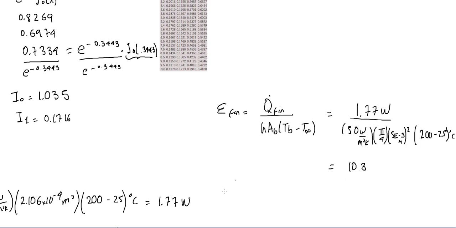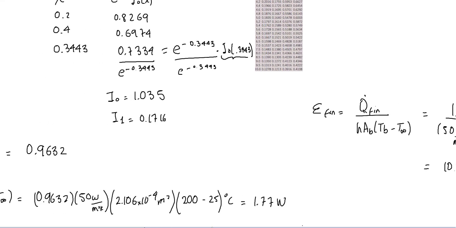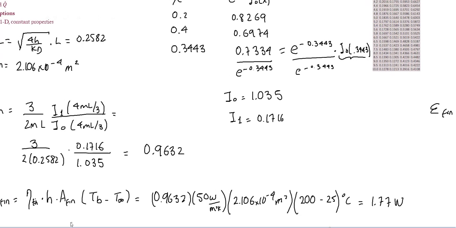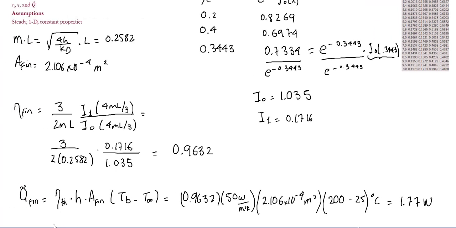Also notice that the efficiency, once we install the fin, tells us how well that fin is working, and it goes from 0 to 1, and in this case we got an efficiency of 96%, which means that it is a very good fin. And each one of the fins is going to be able to have a heat transfer of 1.77 watts.